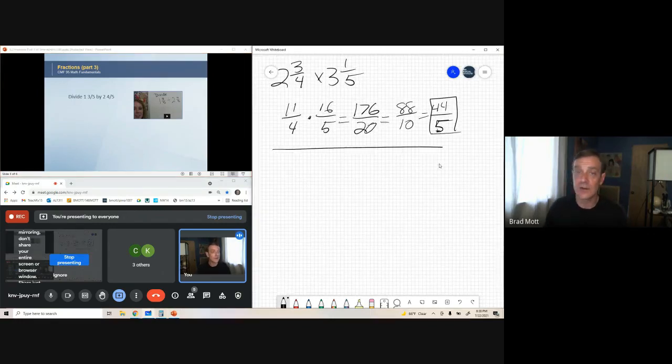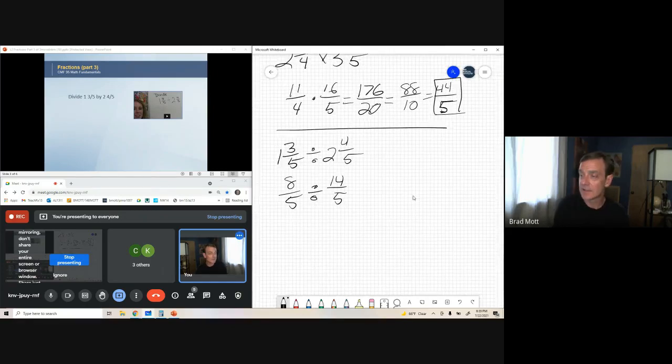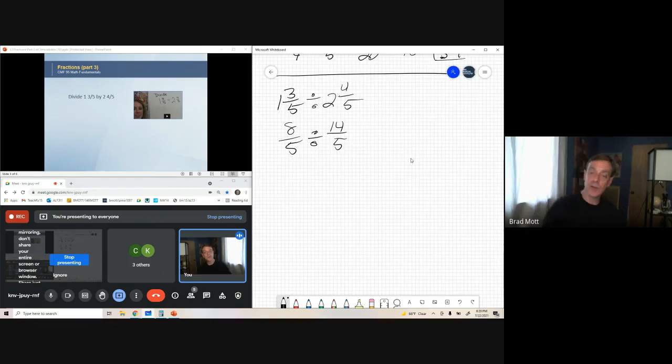So division of a mixed number. Let's take 1 and 3/5 and divide it by 2 and 4/5. All right. So 5 times 1 is 5, plus 3 is 8/5. And divided by 2 times 5 is 10, plus 4 is 14/5. Now you need to multiply by the inverse of the second term.